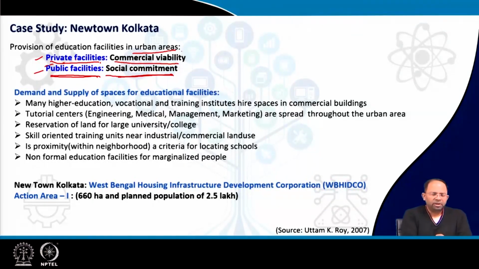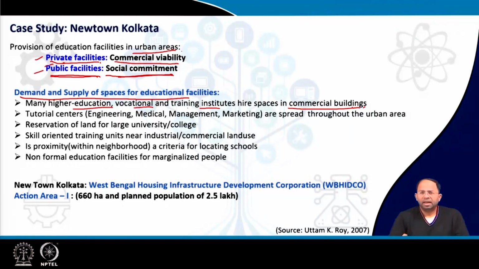So, first of all, we have to determine the demand and supply of spaces of educational facilities in similar areas. What the planners from New Town found out was that many higher educational, vocational and training institutes hire spaces in commercial buildings.